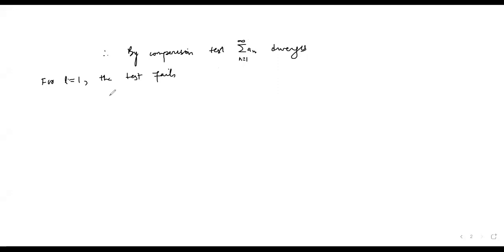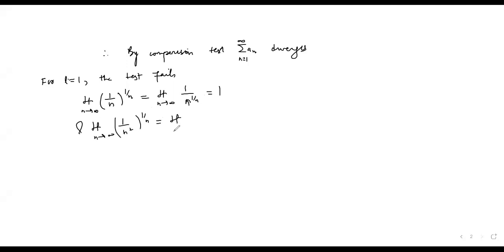So, for example, 1 by n raised to power 1 by n in the limit n approaches infinity. हमने ये limit किया था actually पहले, so this is equal to 1. And limit n approaches infinity 1 by n square all raised to power 1 by n is equal to, of course, nothing but the same thing raised to power 2. So this is also equal to 1, right?